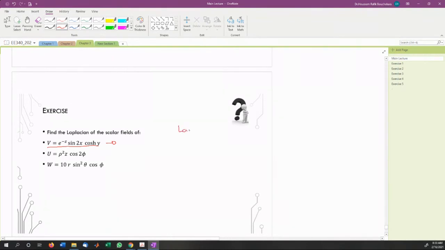First we compute the second partial derivative with respect to x, starting with the first derivative with respect to x.